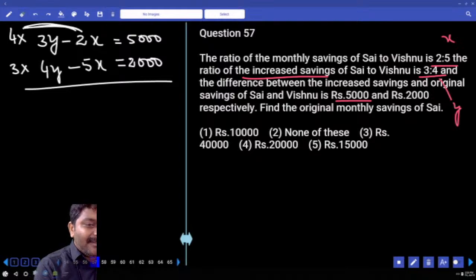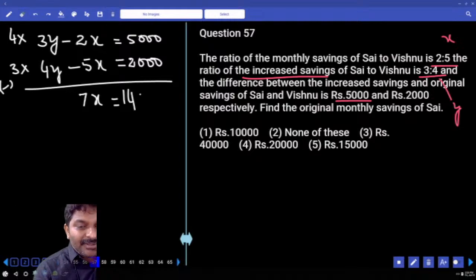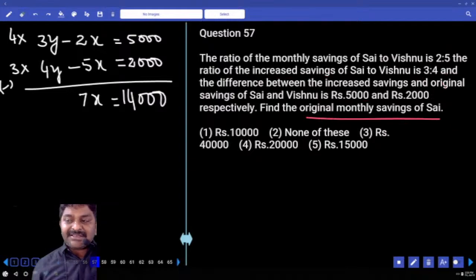How much is here? Minus 8x. How much is here? So we have to subtract the second equation only. Then you will get 7x. Right. How much is it? 20,000. Difference. That means 7x is equal to 14,000. Now your question is about original monthly savings of Sai.